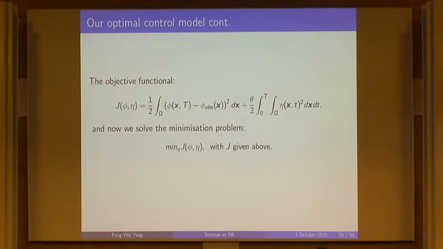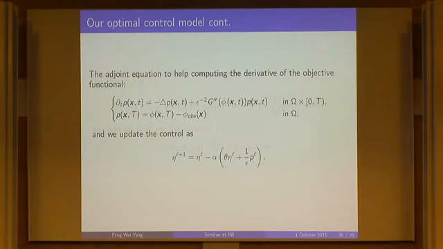And that gives the objective functional. The first term really assesses how the computed final shape compares against the final shape we have. The second term is just to give a unique solution to this problem. We want to minimize the objective functional.